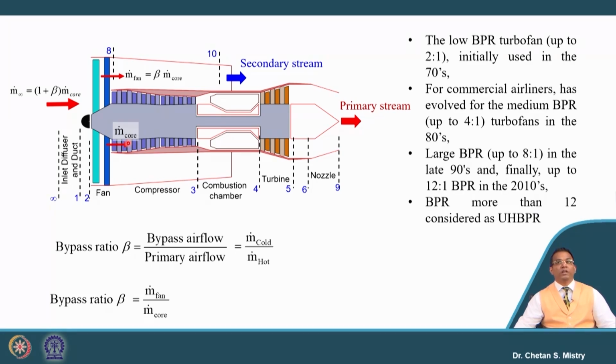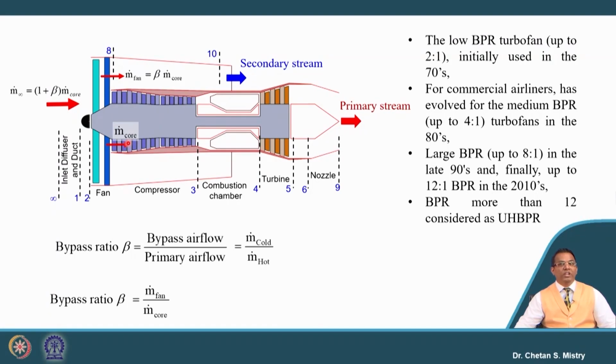Now, since we have introduced this parameter called bypass ratio, over the years people have defined bypass ratio with different terminology. Say initially, during the 70s, the bypass ratio was in the order of 2:1, which people now call a low bypass ratio turbofan engine. For commercial applications during the 80s, it was in the range of 4:1.